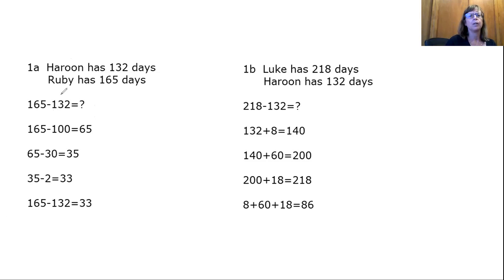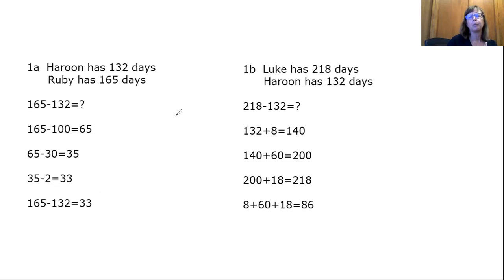Then we take away our 30 from our tens column. So 65 minus 30 is 35. And then we take away our 2 from our units column, or our ones column. So 35 minus 2 equals 33. So the answer to 165 minus 132 is 33.